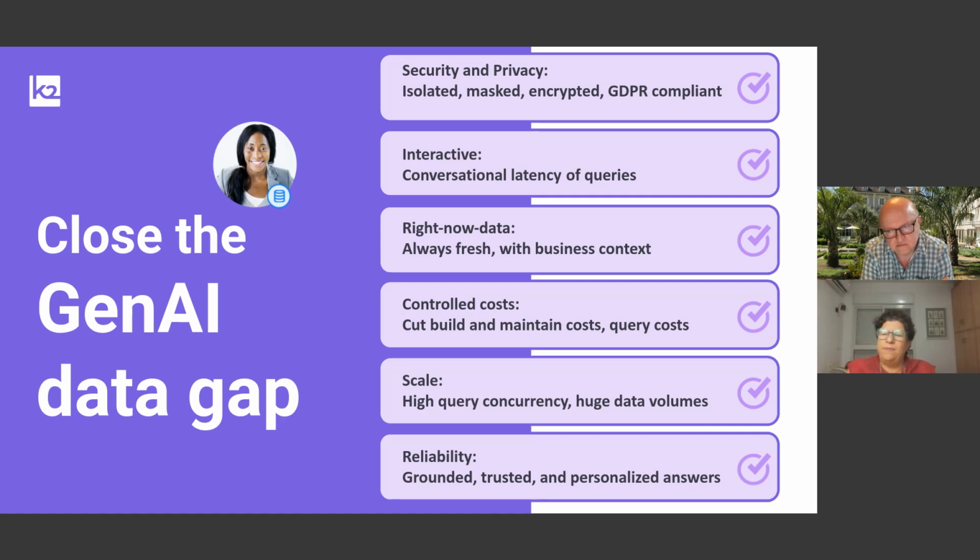When the LLM is augmented with trusted data, it can provide trusted answers that are also personalized and reflect exactly the situation with this specific customer. So please make sure to consider all of these factors when choosing the right data approach for your GenAI application.